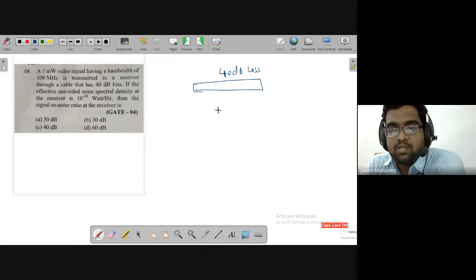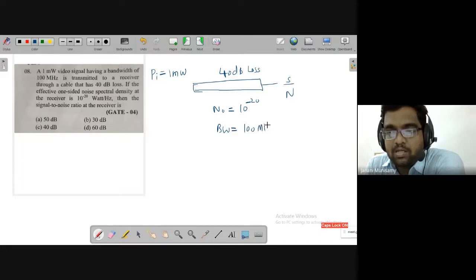And then they have also mentioned the effective one-sided power spectral density, that is 10 power minus 20 watt per hertz. Then what is the signal to noise ratio at the receiver? Here we have to calculate the signal to noise ratio. They have clearly mentioned the power available with us, that is 1 milliwatt, and also the bandwidth of the signal, 100 megahertz.